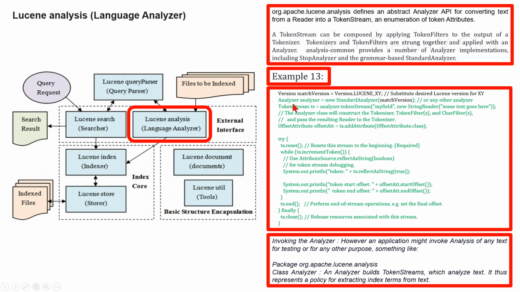Here, the class Analyzer in package org.apache.lucene.analysis builds token streams which analyze text. It represents a policy for extracting index terms from text. Substitute the desired Lucene version for XY, or any other analyzer here.